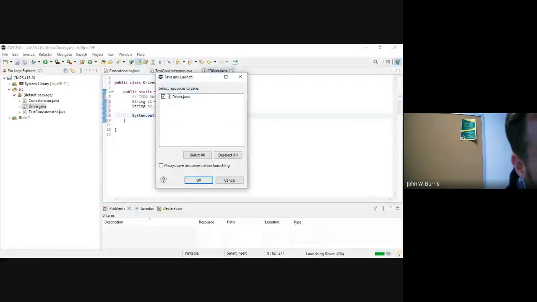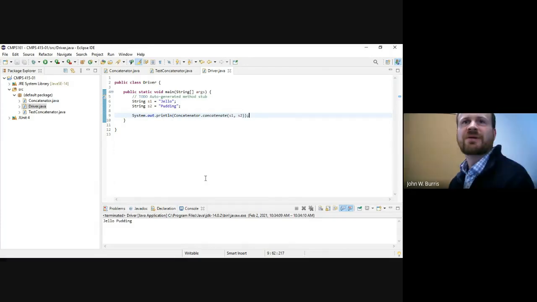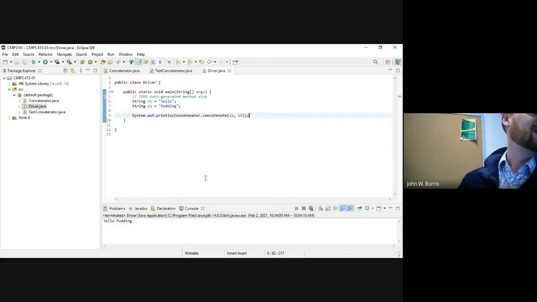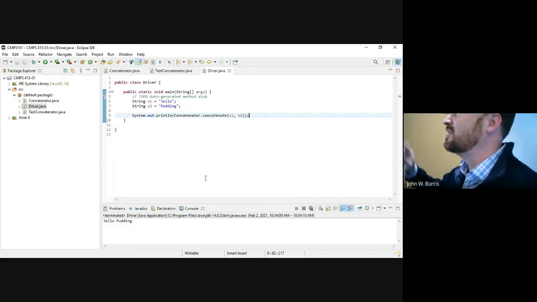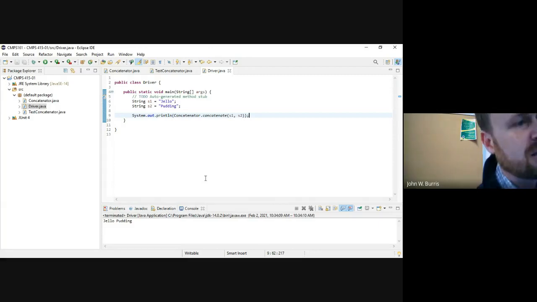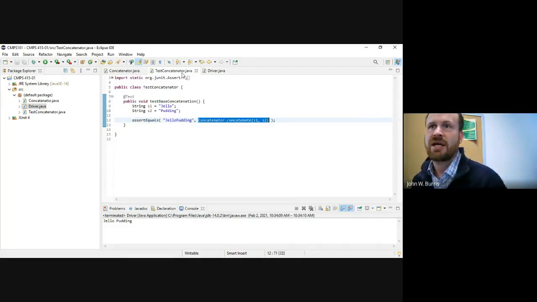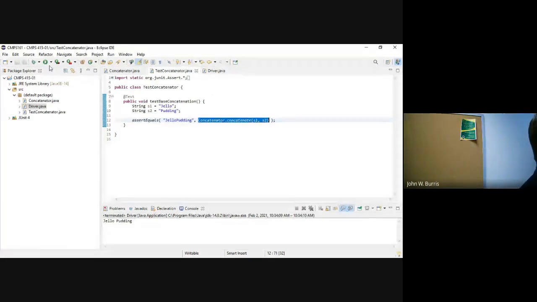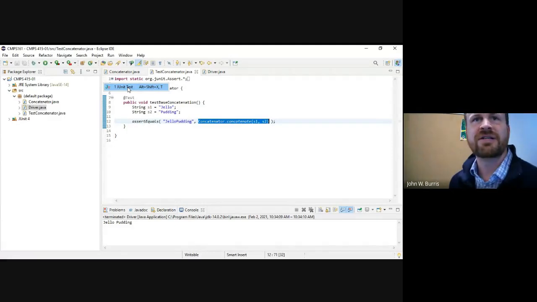When I do Java application, everybody knows exactly what happens. When I do run as an application, it goes to the external entry point, which is public static void main string bracket args, right? And it runs the code, and it prints out Jello pudding. It runs this code. But what it doesn't do is run this test case. If I go up here to the top and click on the run as, I can switch to run as a JUnit test.